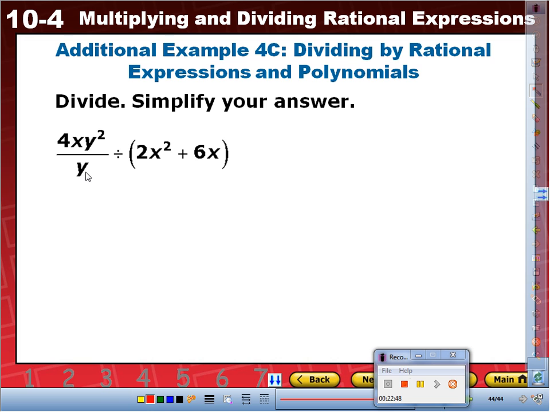Here it goes. Factor this one. 2 times 2, x, y, y, over y. Can we simplify that fraction? Yes, eliminate a giant one with the y's. So what's left? 2 times 2, x times y, and in the denominator we're left with a 1. Okay.